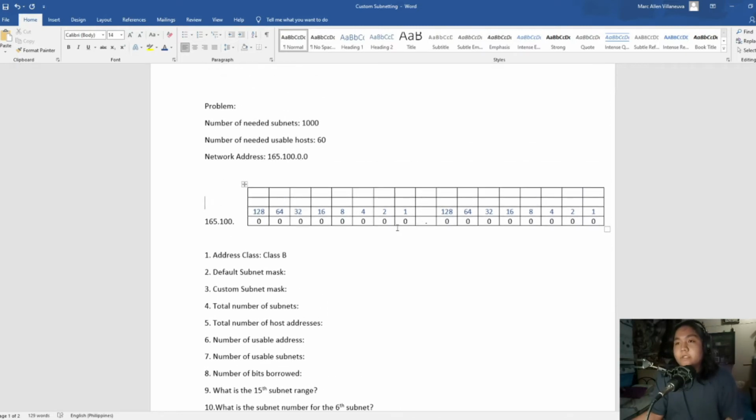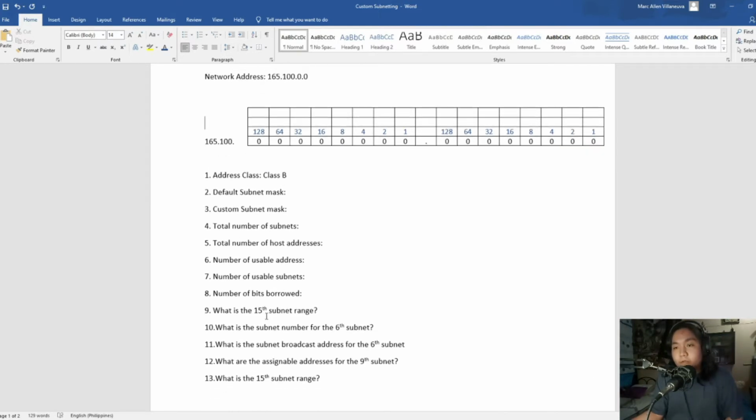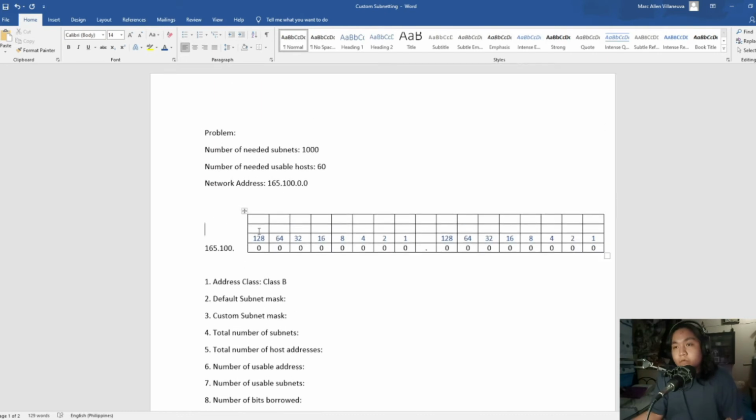So next, as you can see, we are asked for the total number of subnets here in our problem. We're going to write the subnet above the decimal value, starting from the left side to the right side, and we also need to start at 2.